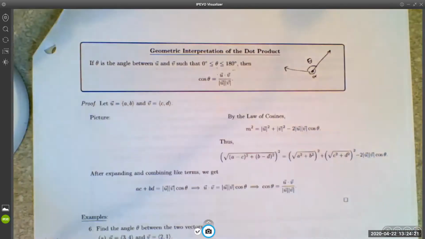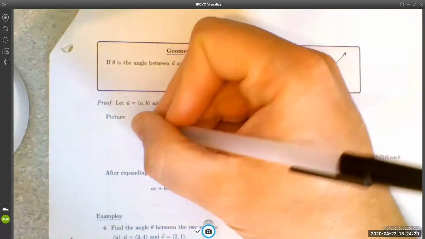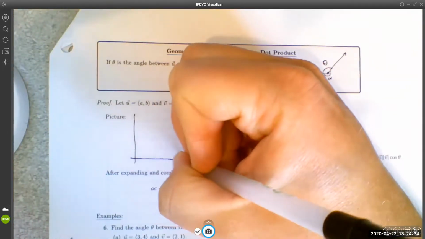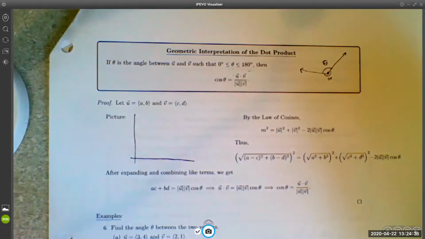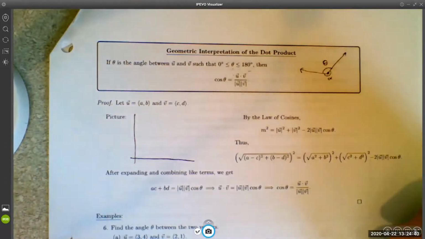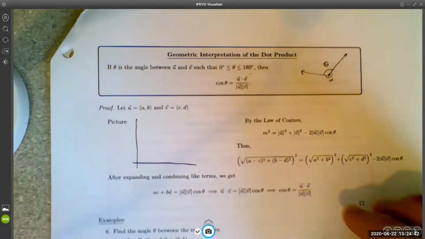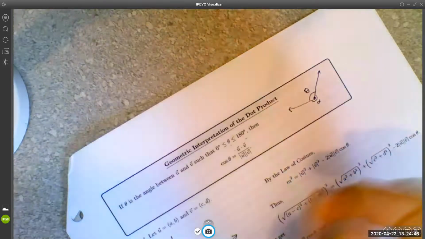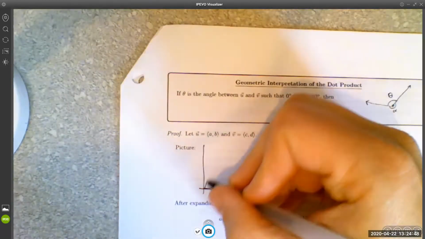Anyway, so the angle between the two vectors satisfies this formula: u dot v over magnitude u times magnitude v. And here's why. Let's draw a picture. Again, I'm going to draw this in quadrant 1, but it would work the same in any other quadrant. Let's say that u is down here, and that v is up here.